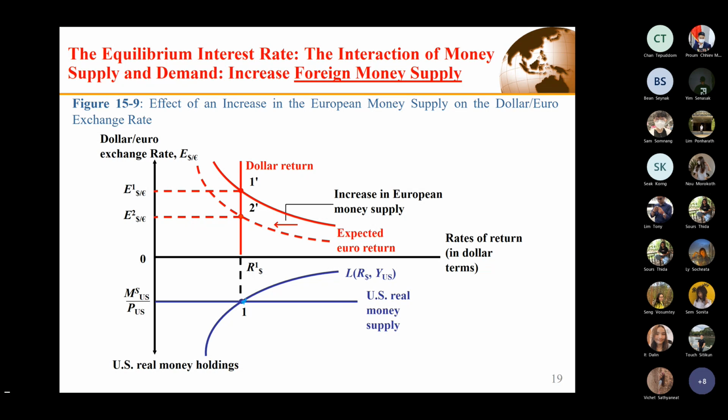We can represent that by a shift of the curve, the return on the euro deposit, backward to the left. So you can see that the exchange rate would drop from, let's say, originally €1 equaling $1.